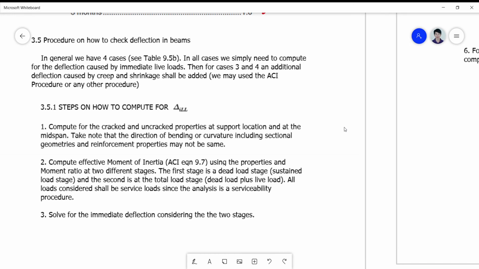So take note that the direction of bending or curvature, including sectional geometries and reinforcement, may not be the same. Okay, so what is meant here is we need to have cracked and uncracked properties.